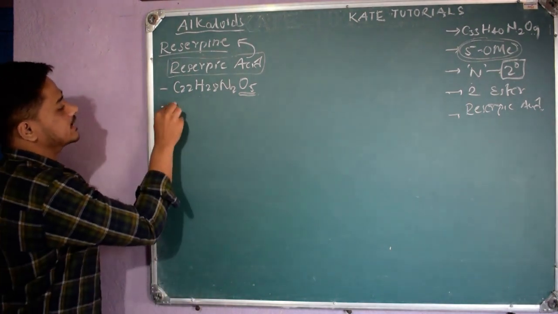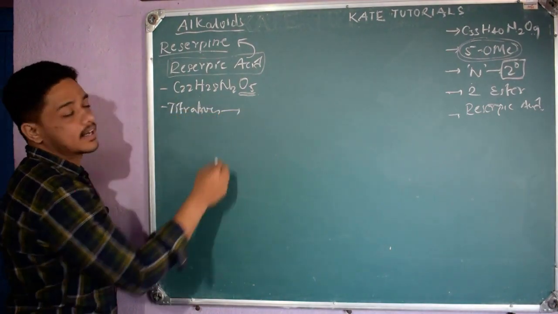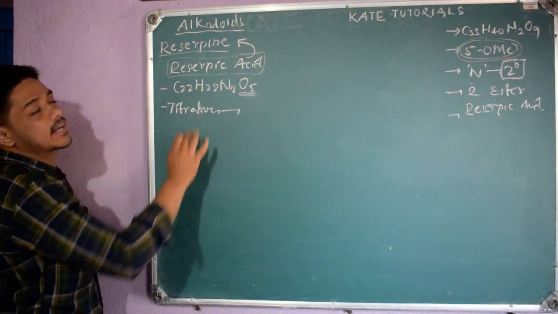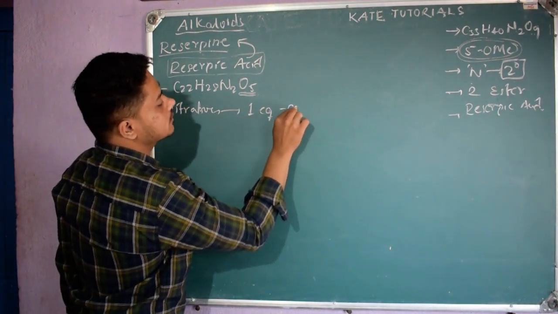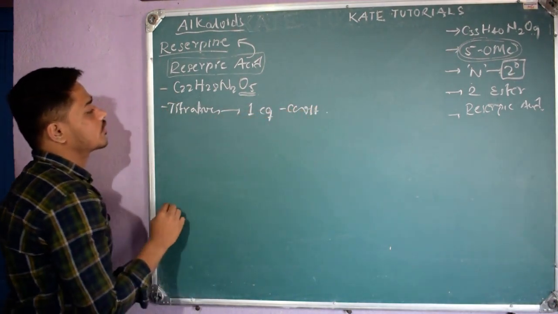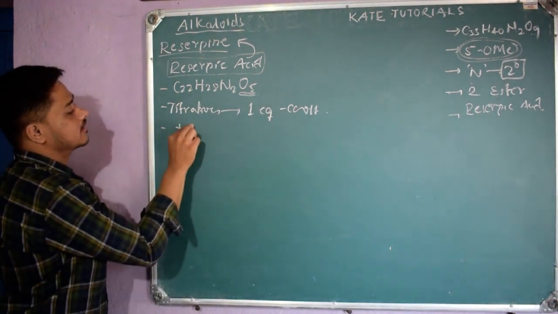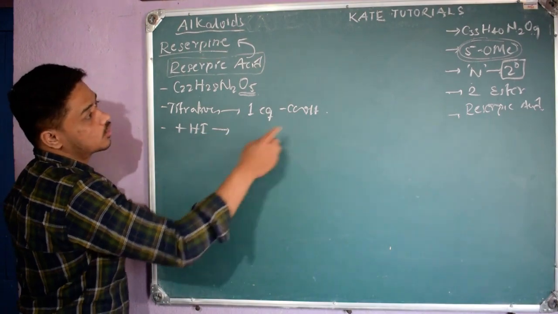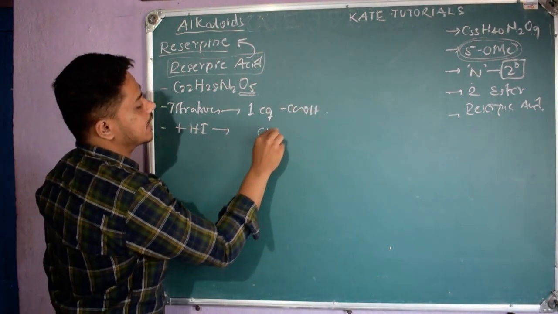From a titration experiment, titration meaning an acid-base reaction, they found that Reserpic acid has one equivalent of acid group, that is COOH. So, one equivalent from the titration experiment. And also the reaction with HI. I told you that whenever an OCH3 group is there, there will be formation of CH3I, methyl iodide.